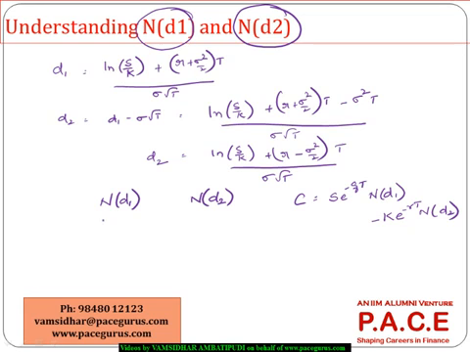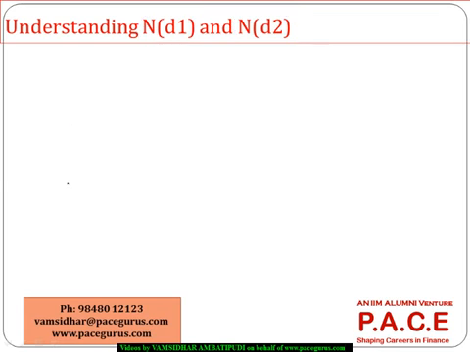Now, what are these N(d1) and N(d2)? What do they signify? Just before I go into that, let me take one simple example, where I want to compute the probability that a European option expires in the money.